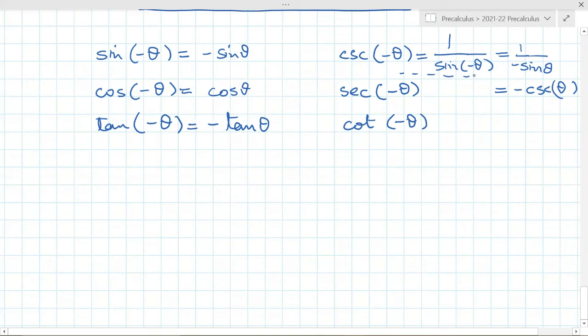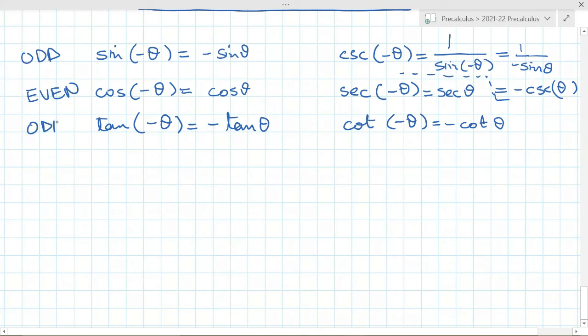So this one I kind of showed. What is secant of negative theta? You can look here. Secant theta. And cotangent of negative theta is negative cotangent theta. So this is odd. Both of those are odd. Both of these are even. And both of these are odd.